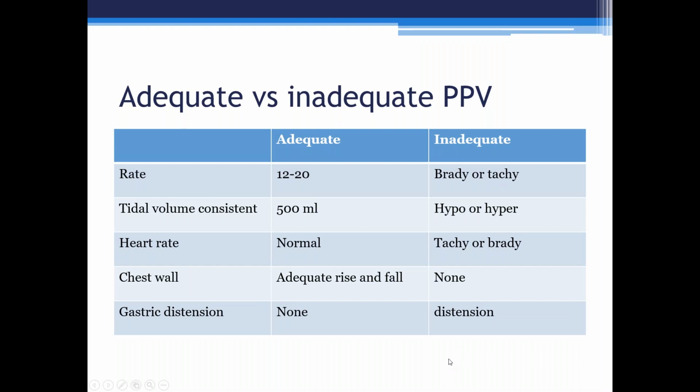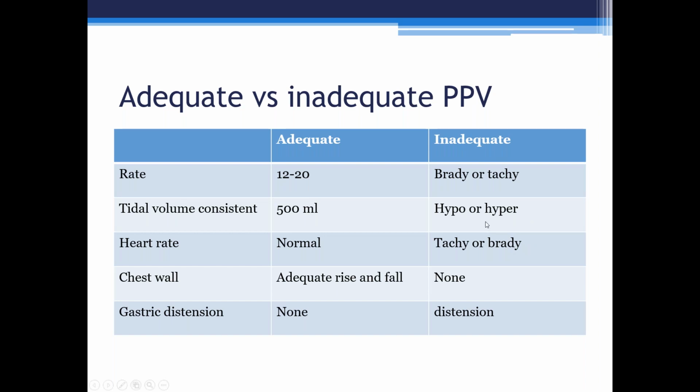So when we're looking at the difference between inadequate positive pressure ventilations versus adequate, when I am providing those ventilations, I want to maintain all of these numbers and all of these figures. So if I'm doing it incorrectly, or if it's not properly perfusing, I could see my respiratory rate, as far as how fast or how slow I'm delivering those ventilations, stagger to less than 12 or greater than 20.